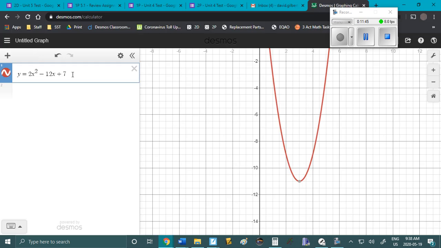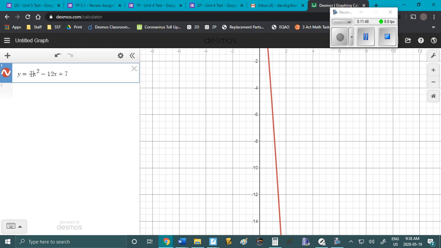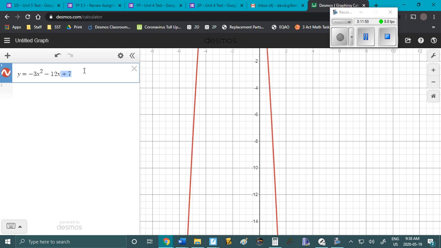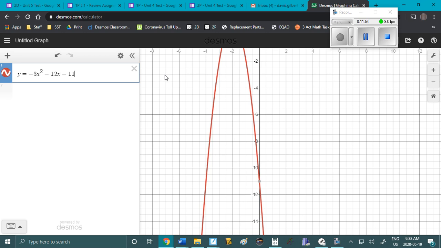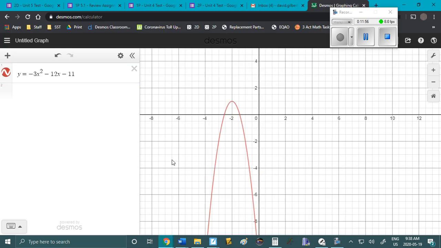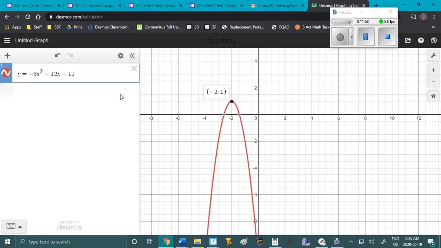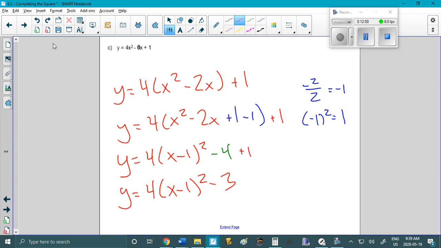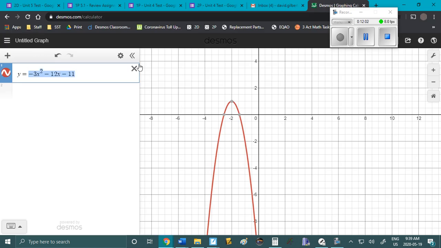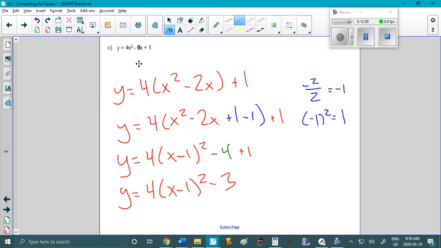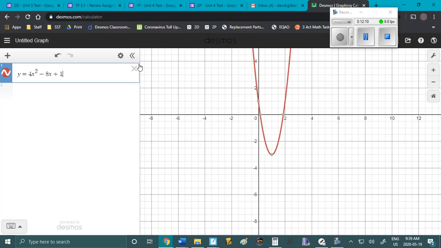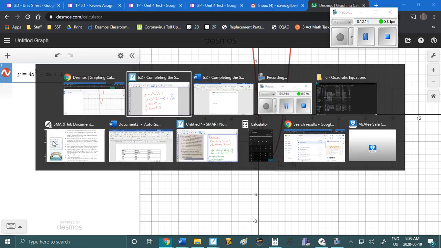Negative 3x squared minus 12x minus 11. And the vertex for this one should be negative 2 comma 1, and it is. Now we got 4x squared minus 8x plus 1, and based on what I did, the vertex should be 1, negative 3, and that checks out for sure.